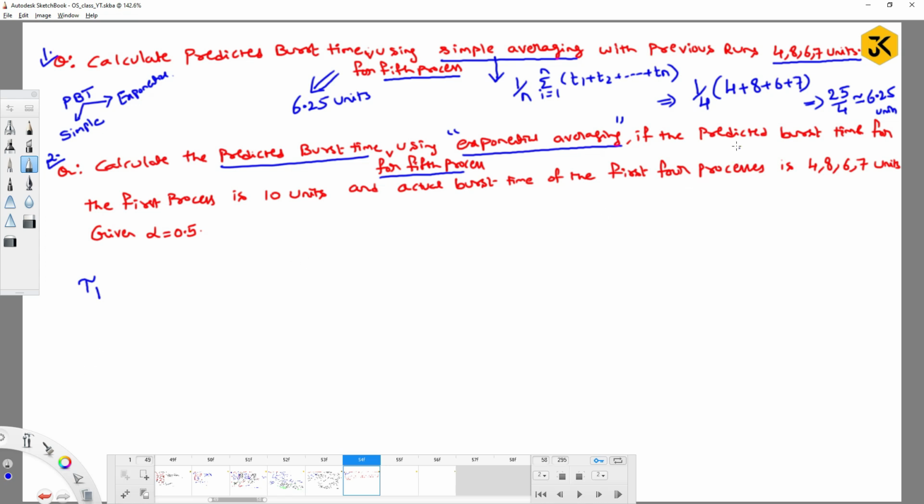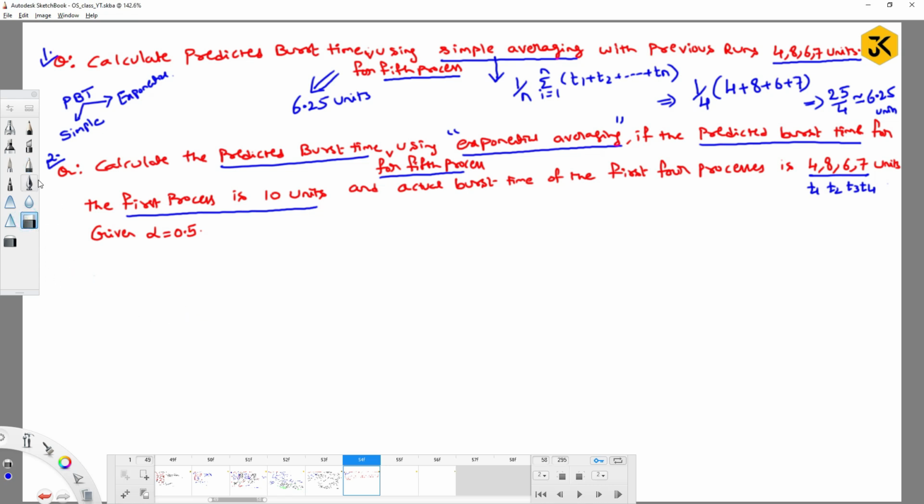That is the reason they have given that the predicted burst time for the first process is 10 units, and the actual times for the first 4 processes are 4, 8, 6, 7, which means T1, T2, T3, T4 units, given alpha equal to 0.5.